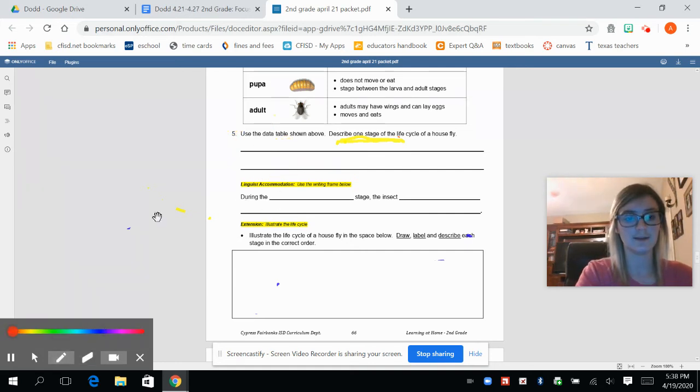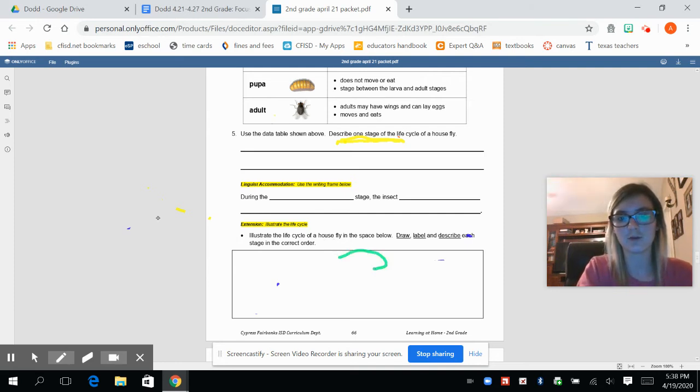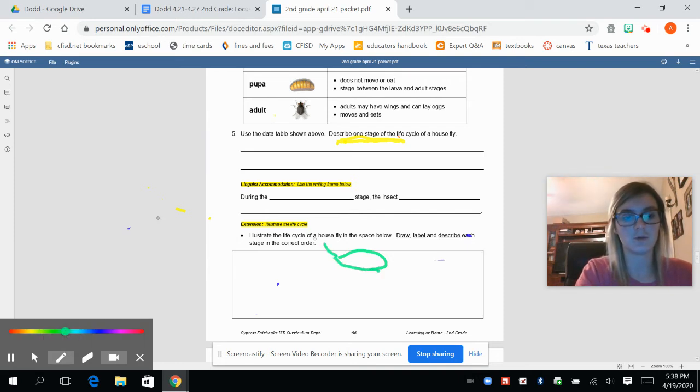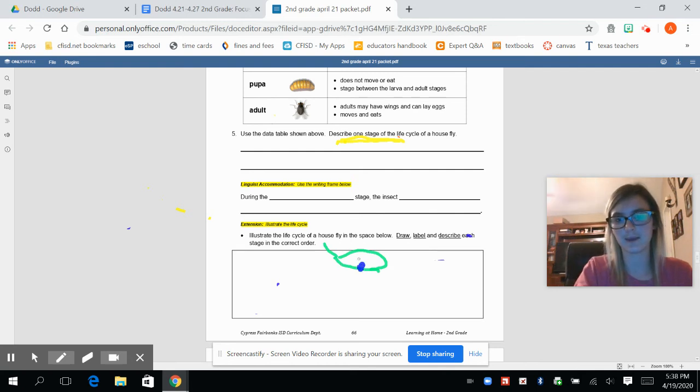Stage 1 is the egg. Okay, and the egg is on a leaf. So let's draw our leaf and we'll draw our little egg. Okay, and this is the egg stage, stage 1.